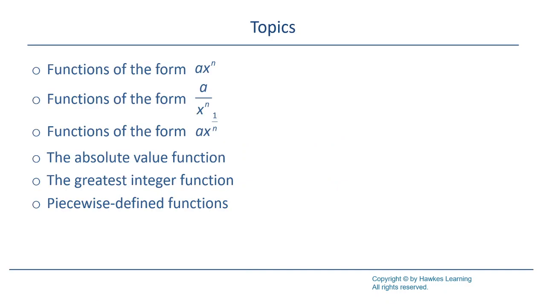So notice the main topic: we're looking at powers of x. So a times x to the n, a over x to the n, which you may be more familiar with as x to the negative n, and then a times x to the 1 over n.